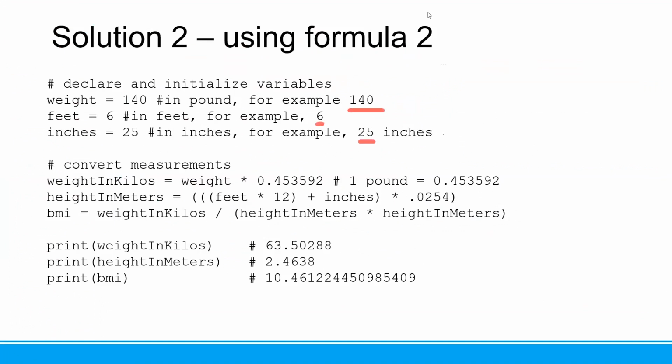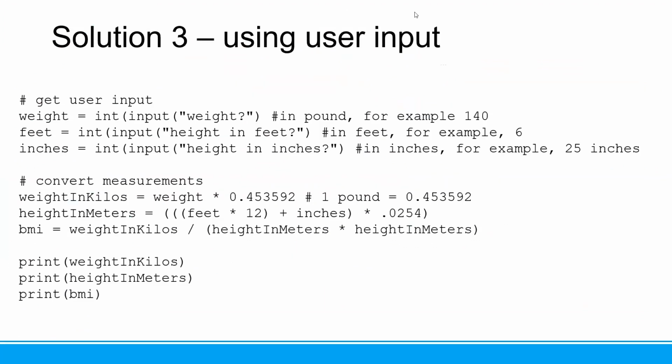So I want the user can give their own value. Then I will use the input. What is the weight? What is the height in feet? And what is the height in inches?